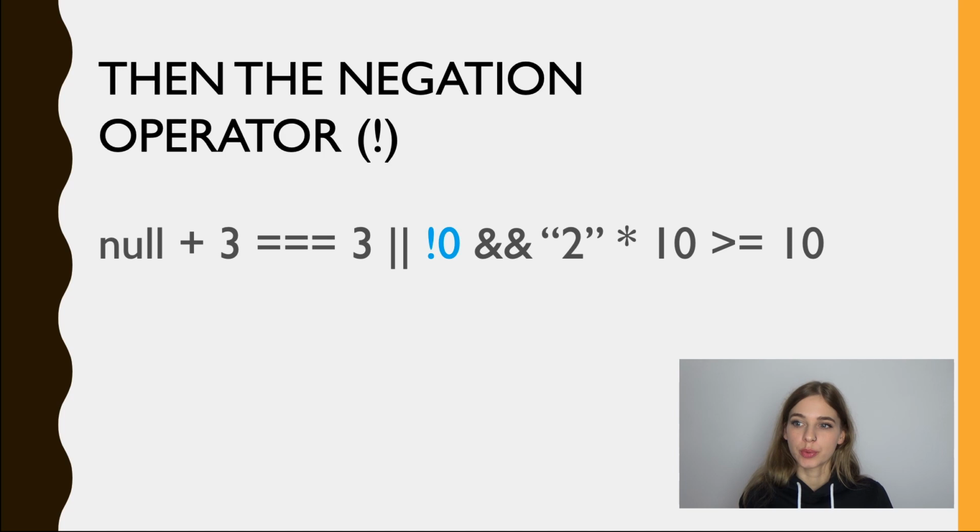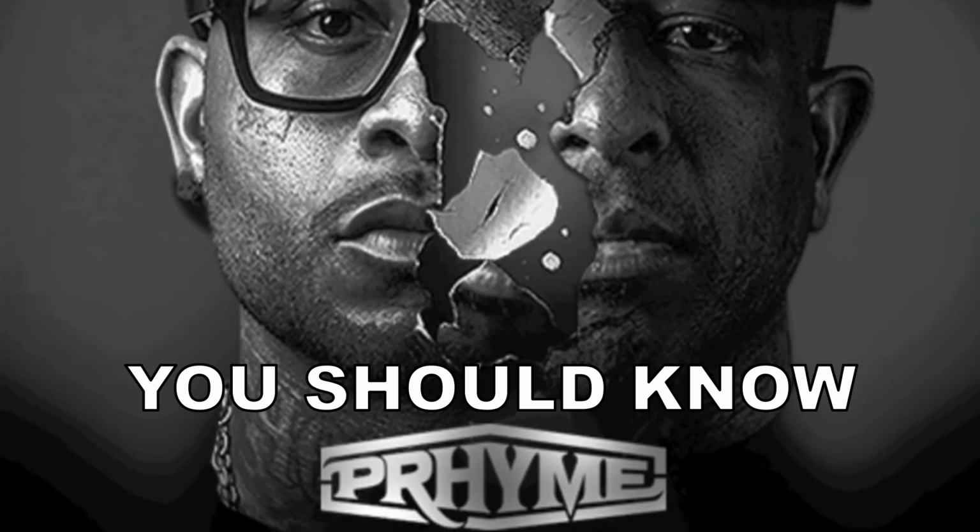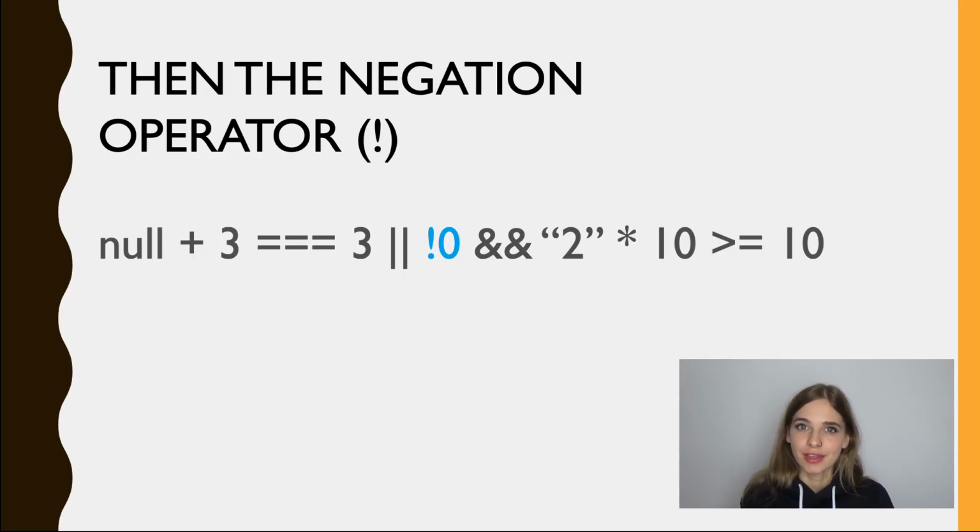Then the negation operator. The negation operator is marked by an exclamation mark. We should know that 0 in JS evaluates to a falsy value, so it's false. But because we put an exclamation mark next to it, it's now negated, and so instead of false, this would give us true.